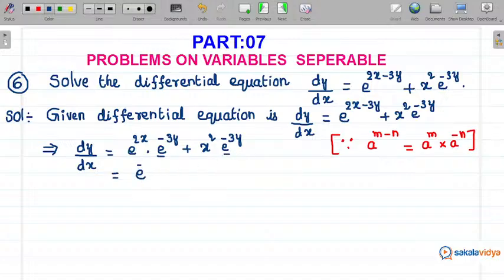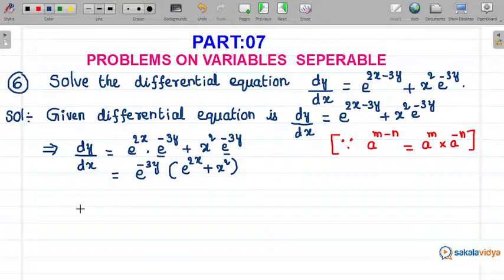So, e power minus 3y times e power 2x plus x square. Now, it is the product of two functions. One function is in y, other function is in x. That means this is f of x, this is g of y. So, easily now the functions and variables can be separated.